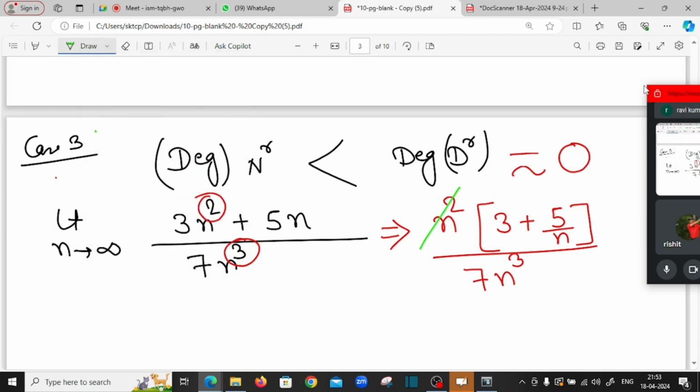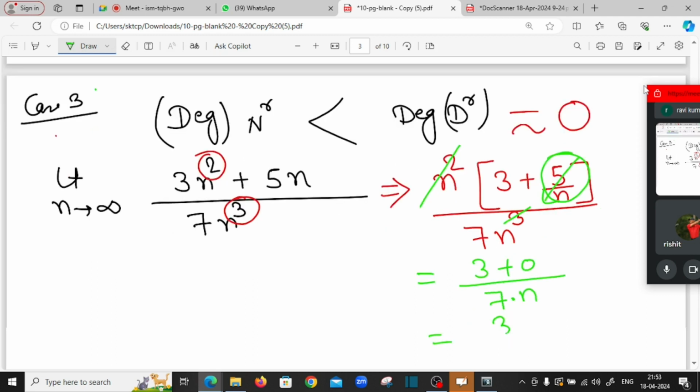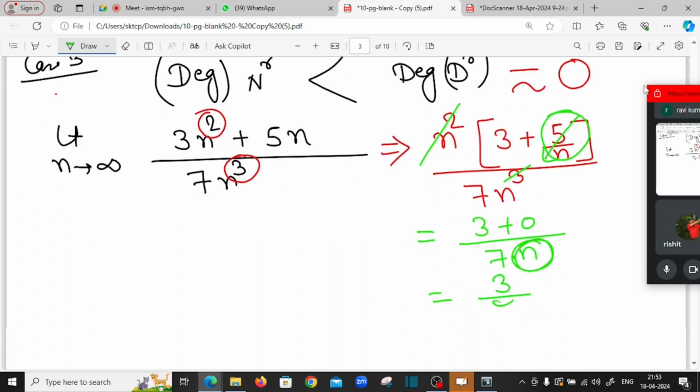This n square cancels out, and this 5 upon n is going to be 0. So 3 plus 0 upon 7 times n. Is it okay? So this will be 3 upon, see, n is infinity. Infinity into 7 is still infinity. So something upon infinity, 3 upon infinity, tends to 0.